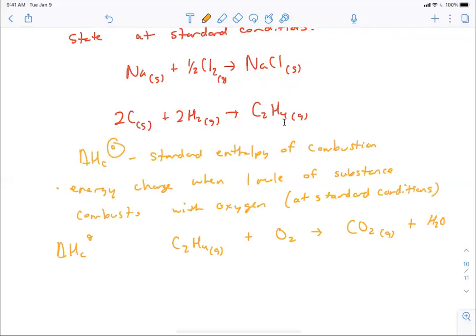That's what that symbol up there means. Okay. And so 2, 2, 3 in this case. So that's the standard enthalpy of combustion, or the molar enthalpy of combustion as well, because it's per 1 mole.